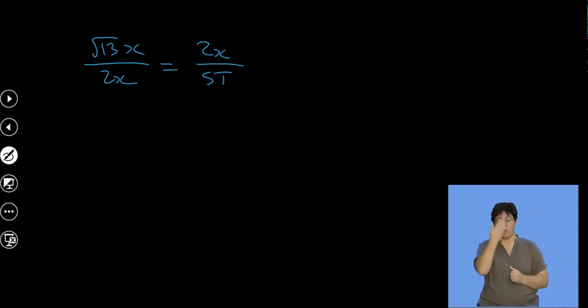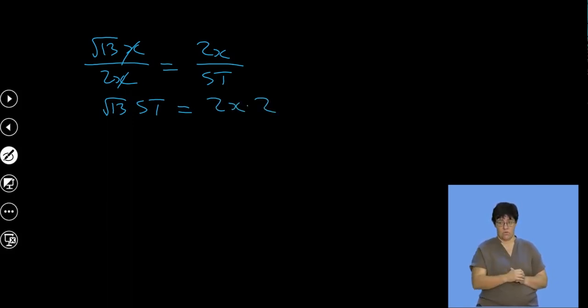So if I solve this, then I know that I will find the x's can always divide each other, right? Then I will be left with square root of 13 ST is equal to 2x multiplied by the 2, which is 4x. And therefore, if I solve for ST, you divide both sides by square root of 13, right? So this will be 4x over square root of 13.